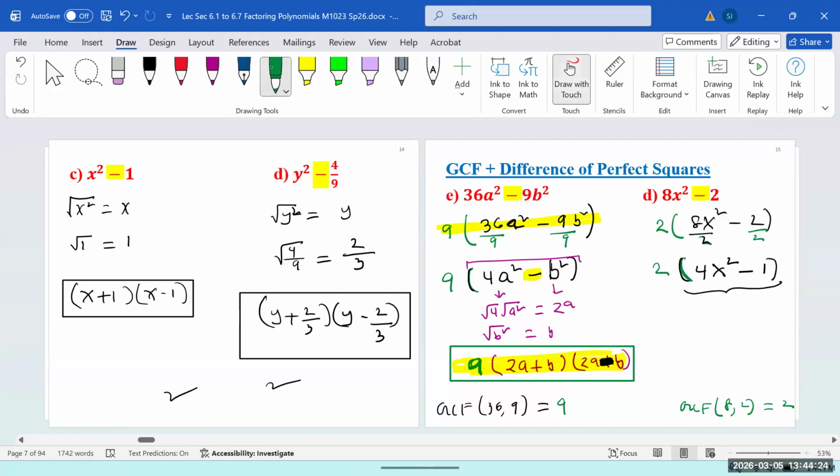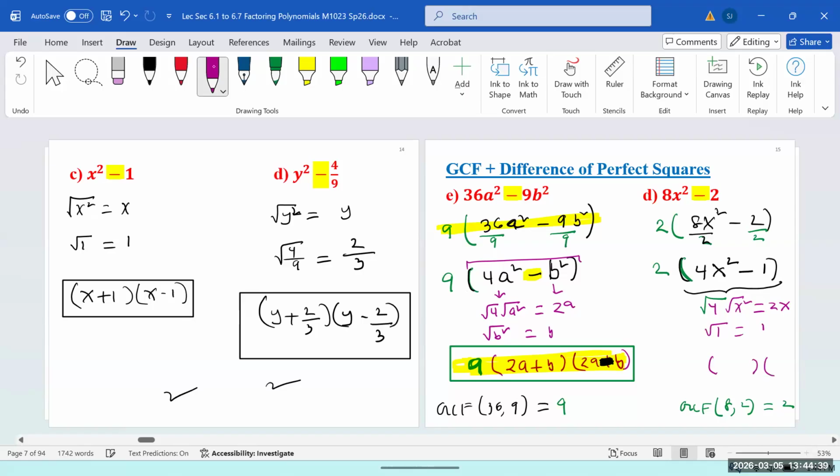So what is the square root of 4, and the square root of x squared? x. And what is the square root of 1?